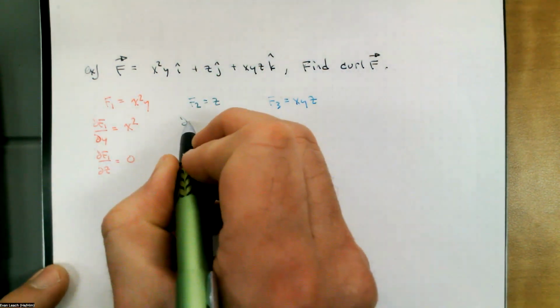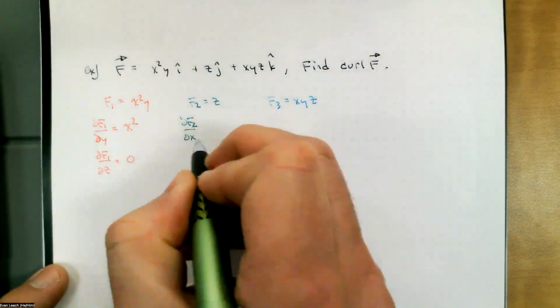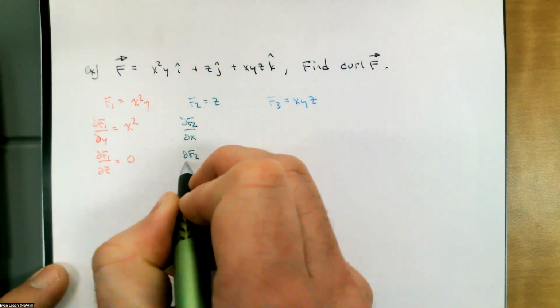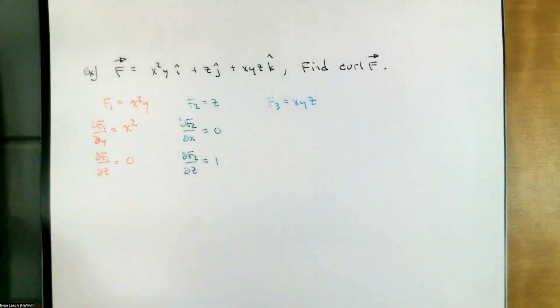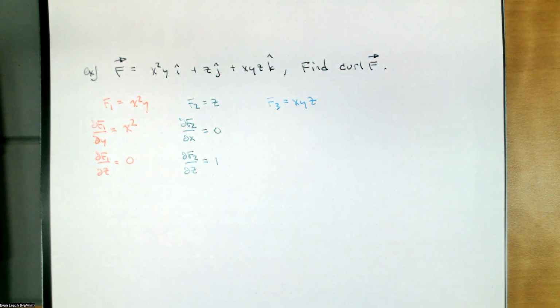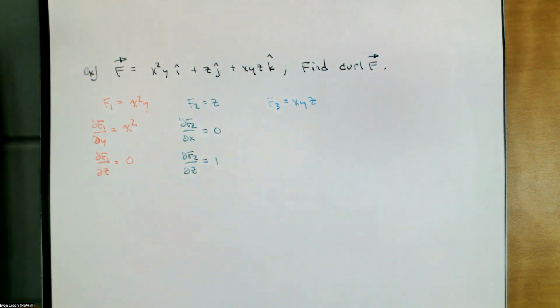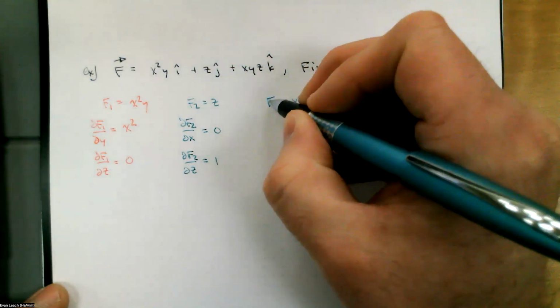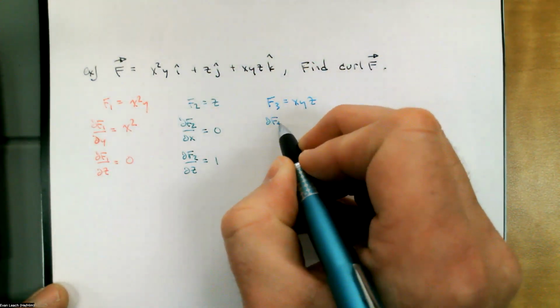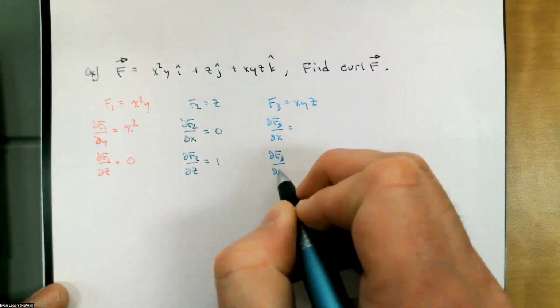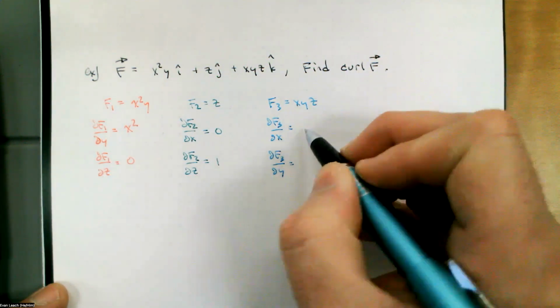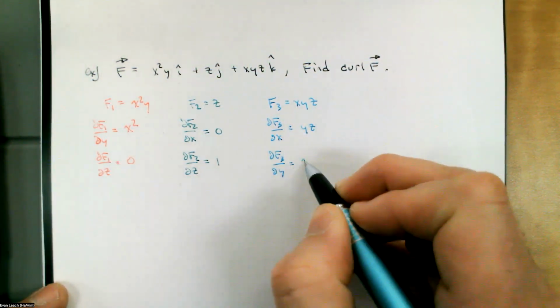Let's find the 6 partials we need. So for F2, I don't need with respect to y because that's all in the same column. I need with respect to x and with respect to z. For F3, F3 is in the column with z, so I don't need the partial with respect to z. I need the partial with respect to x and the partial with respect to y. So with respect to x, we get yz, and with respect to y, we get xz.